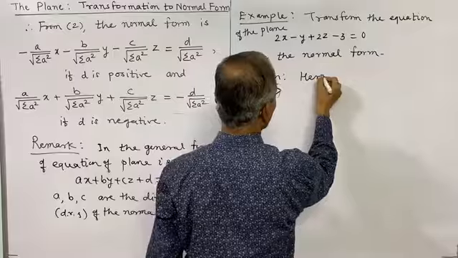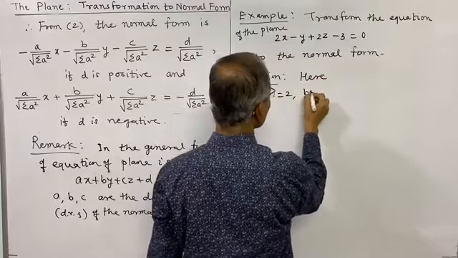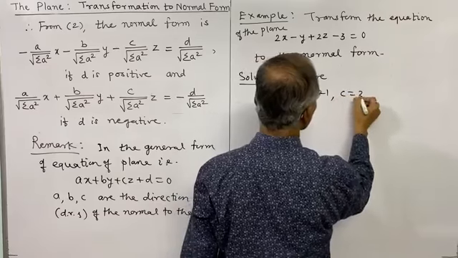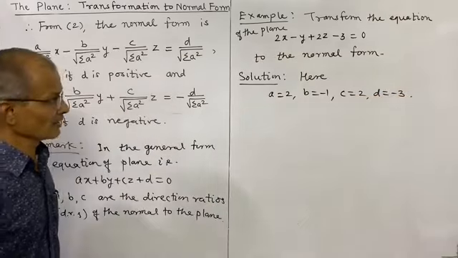Solution for this: here a, b, c are: a is 2, b is negative 1, c is 2, and d is minus 3. That is, d is negative.